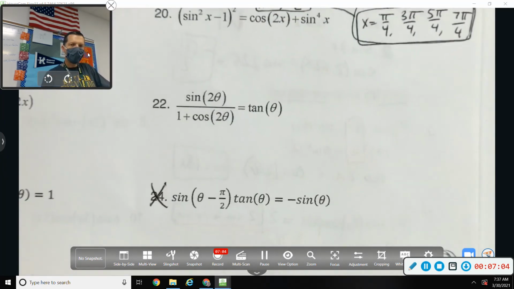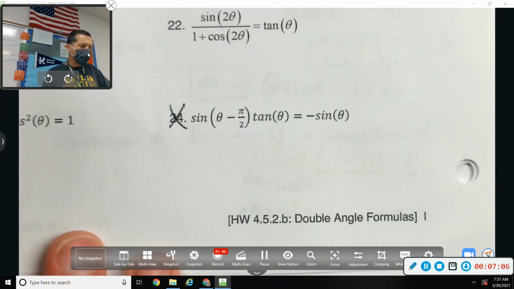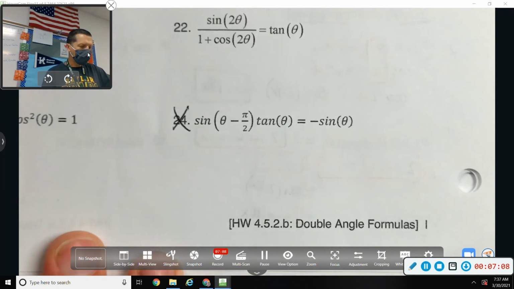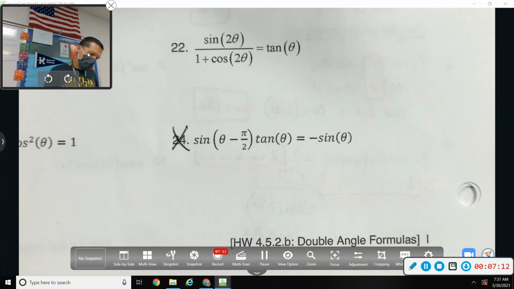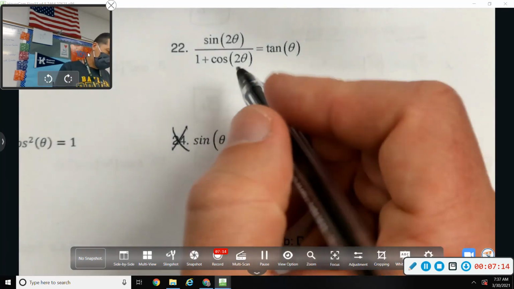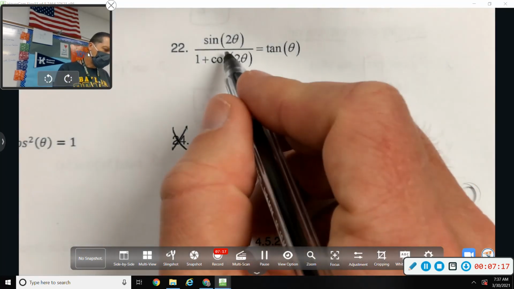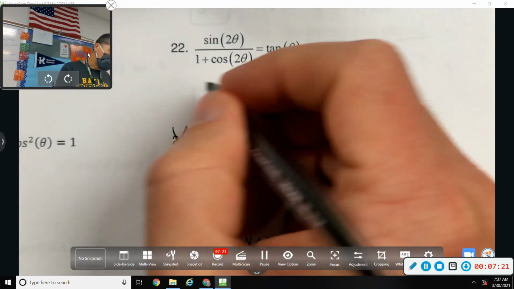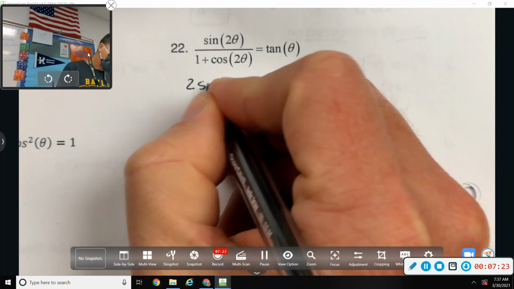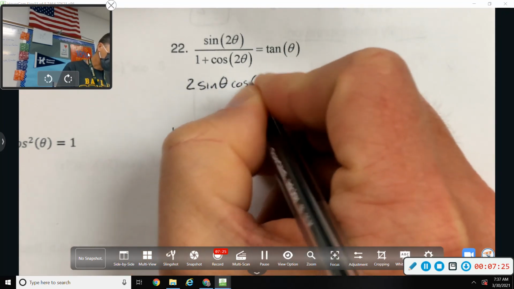Okay, so this is one of those proofs. I know we don't like the P word, but it tells us work on the left side to make it look like the right side. So let's see. Sine of 2 theta. Well, I know the 2 theta stuff's got to go, so I can replace sine 2 theta with 2 sine theta cosine theta.